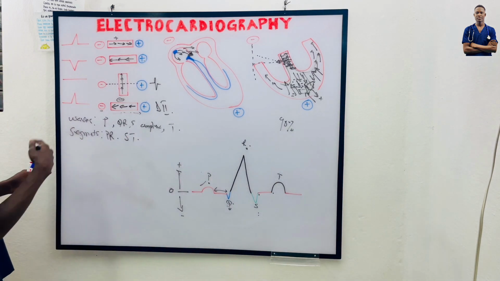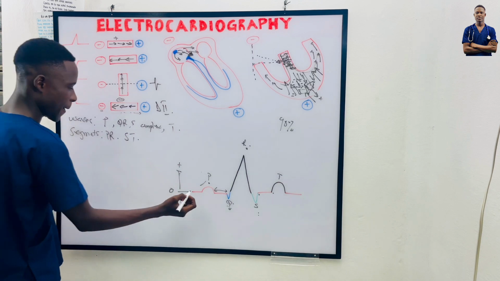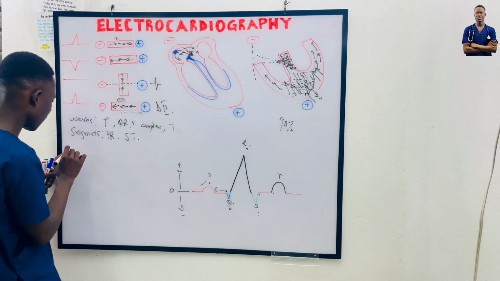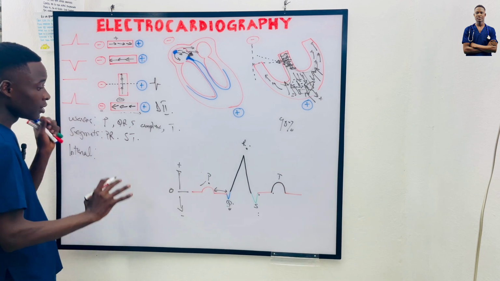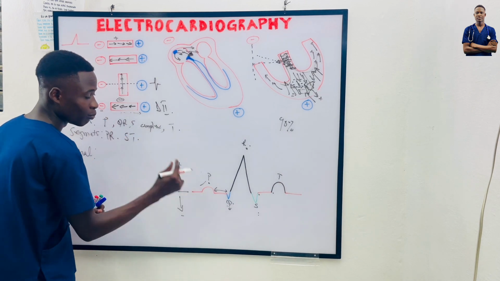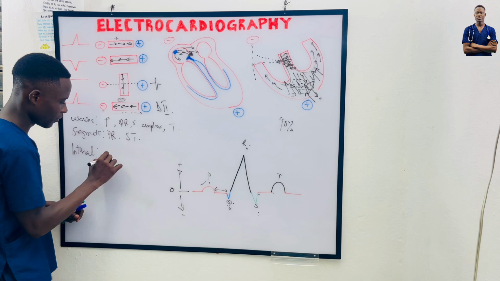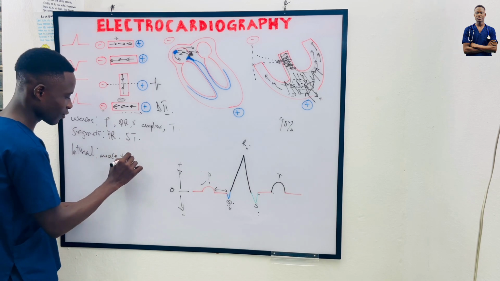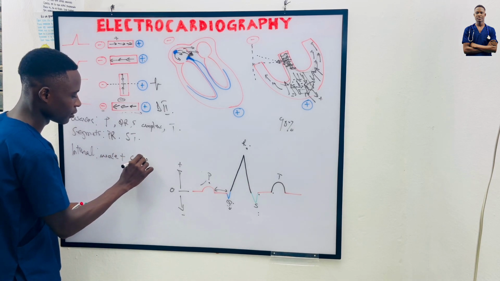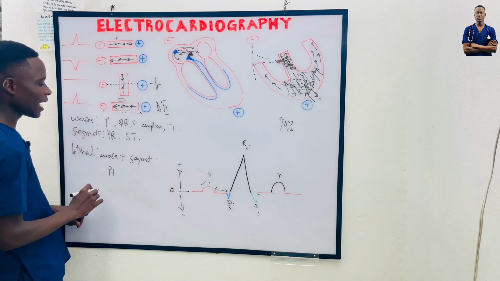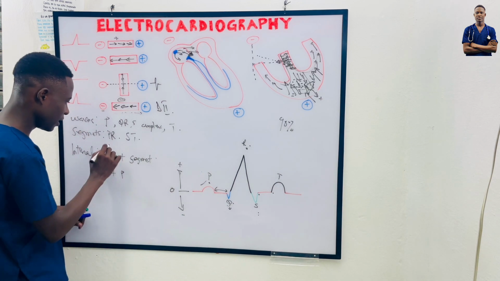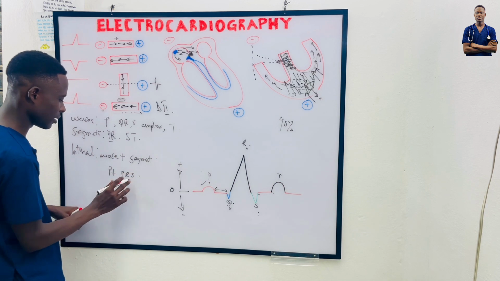Now, let's talk of the interval. The interval is both wave plus segment. So, for example, I have my P wave plus my PR segment.